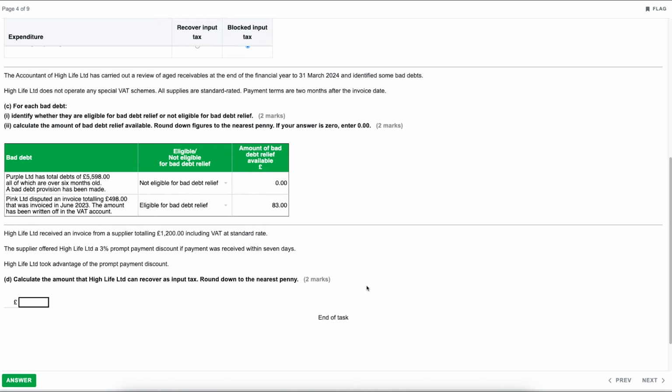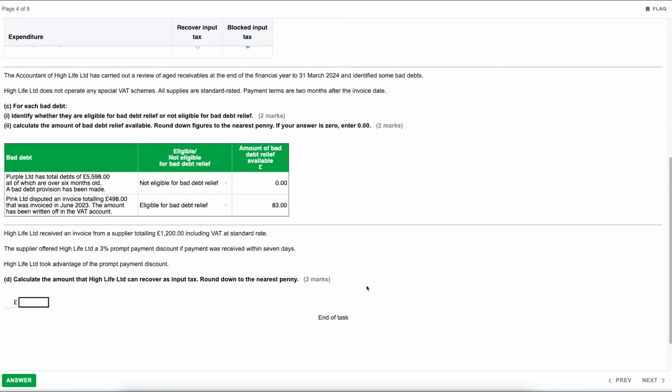We've now taken off the discount, but remember this was calculated on the gross. So our new value of 1,164 still includes VAT. Now a reduced amount of VAT, reduced from what it was at 1,200, but it's still VAT.